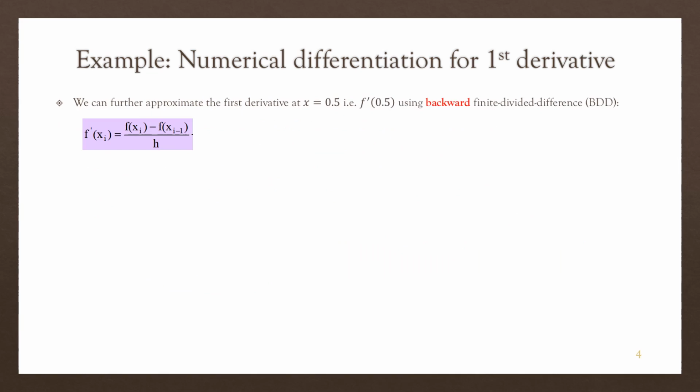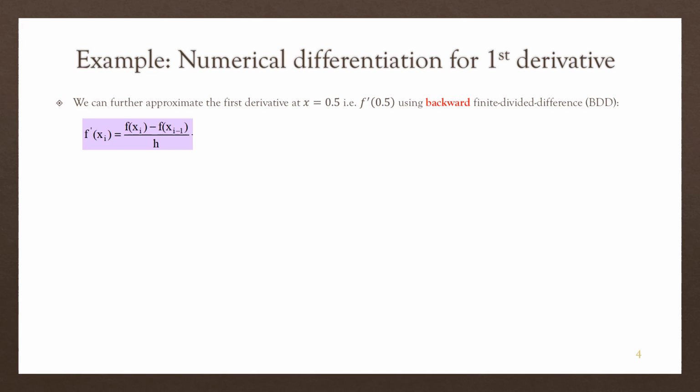After we have approximated the first derivative at x equal to 0.5 using the forward finite difference, now we can solve the same problem using a different method, which is backward finite divided difference. Revisiting the formula of the backward finite divided difference, the one in the purple box, we can see that we need the value of the function at xi minus 1.